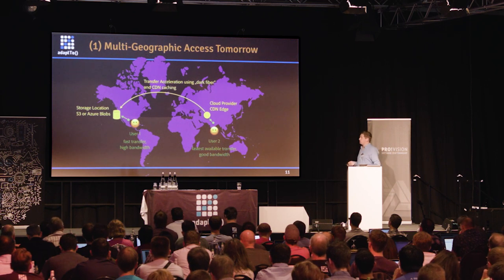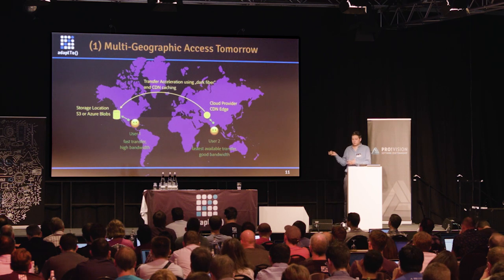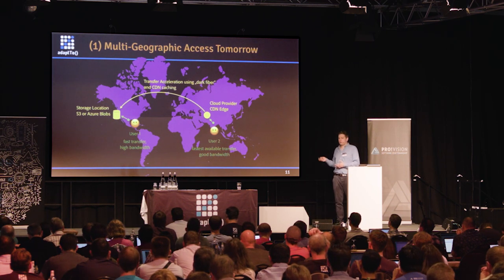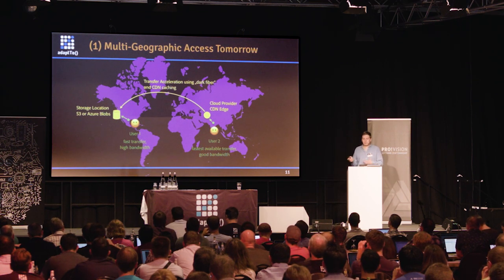So benefits for this are some, I mean, I mentioned some, but I'm going to show some more. For the first one, when we enable direct binary access, we can use features of the cloud storage.